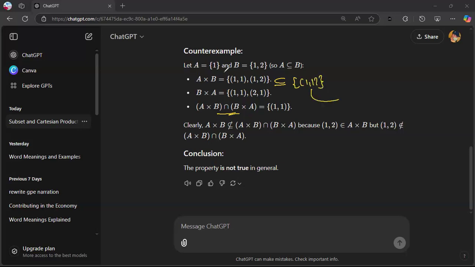Can this be the subset? Which one, sir? According to the property, it was mentioned that this particular set has to be the subset of this. Is it so?